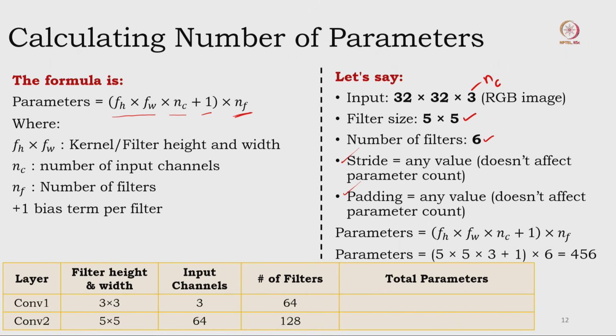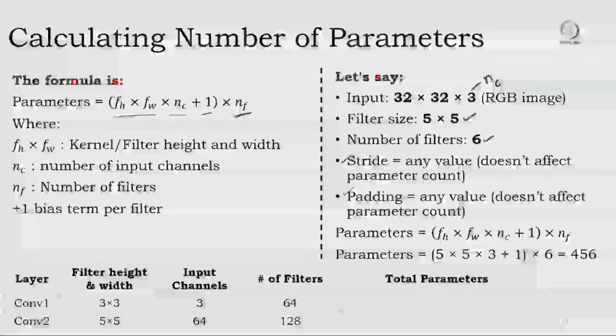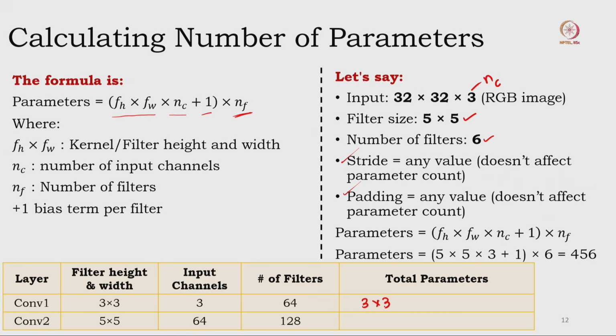If you take the kernel height and width, it is 3 cross 3. So, you will be writing it as 3 cross 3, and the number of channels that we have considered here is 3, plus 1 bias, and the number of filters we have considered is 64. If you calculate, I think it is 1792.